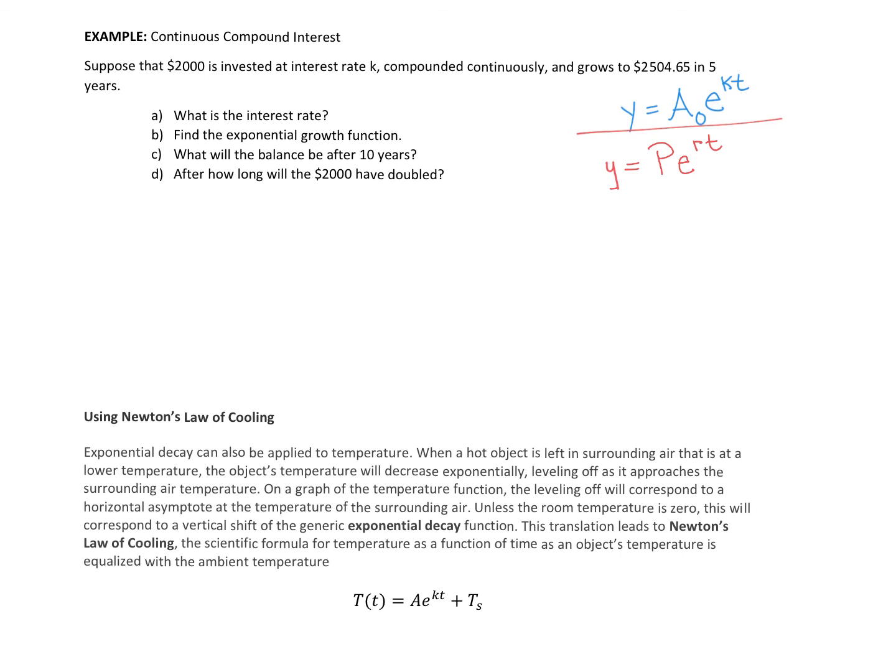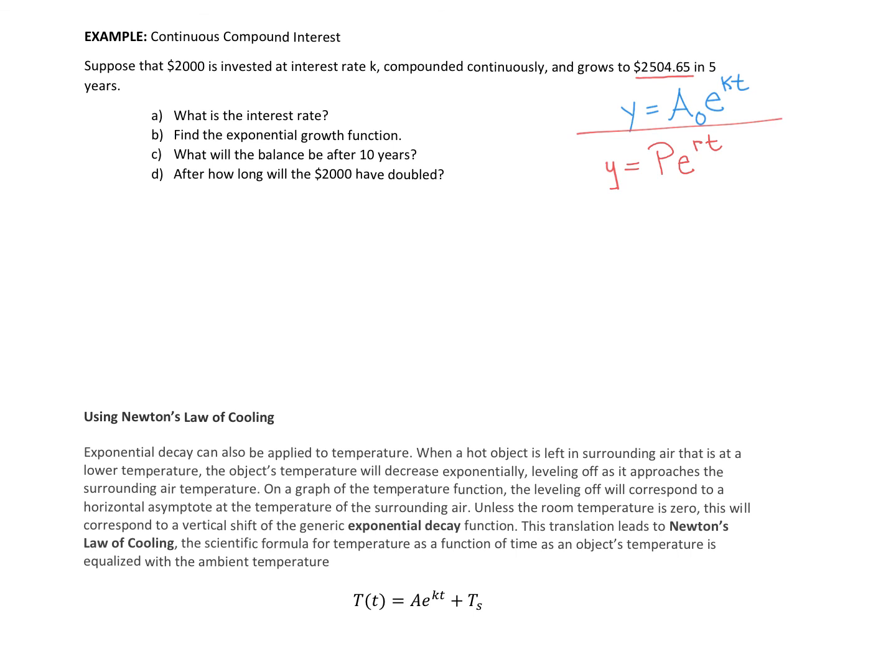So suppose that we have $2,000 invested at interest rate k, compounded continuously, and it grows to $2,504.65 in 5 years. Let's solve for the interest rate.